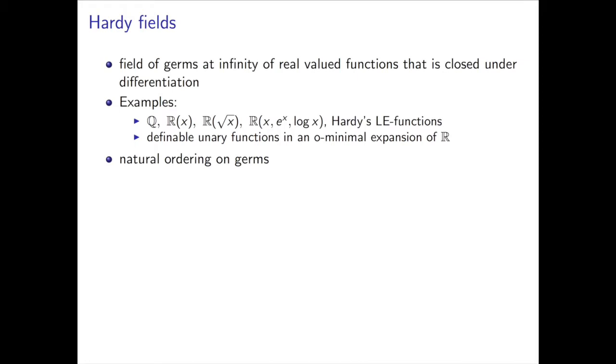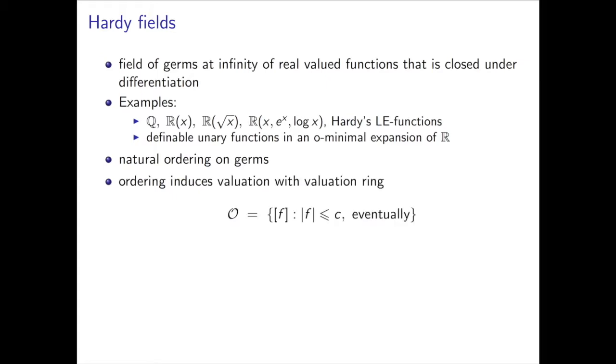There's a natural ordering on the germs, just by saying a germ is positive if it's eventually positive, and because it's a field, it will be eventually positive, or eventually negative, or eventually zero. From this ordering, you induce a valuation. Your valuation ring is the set of bounded functions, in this case literally bounded functions, but in the talk there might not be an ordering later, but you should still think of this O as bounded functions.